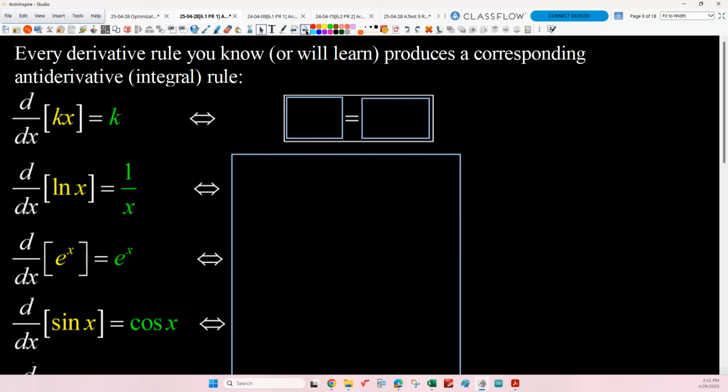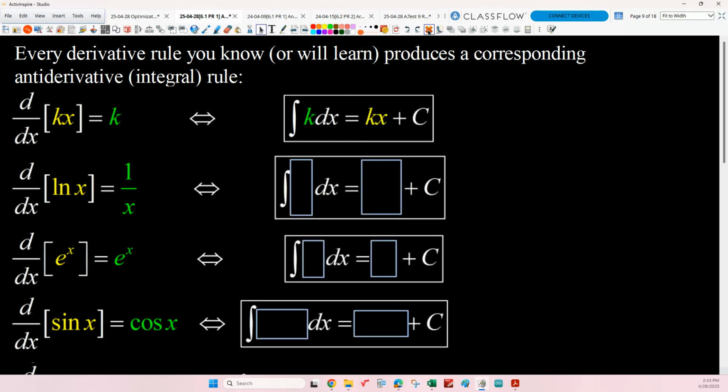Okay, so how could you turn that into an integral formula? The integral of k dx is equal to kx plus c. Exactly. You got one for free. Okay, we can do that for all these.